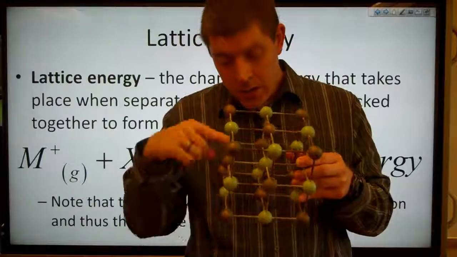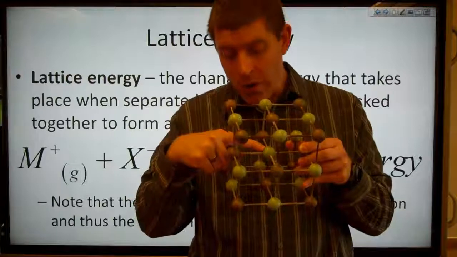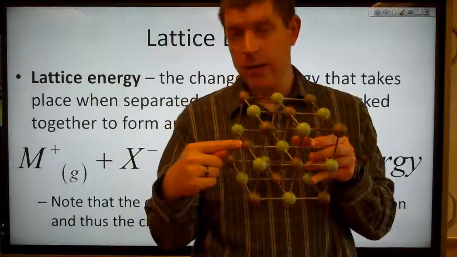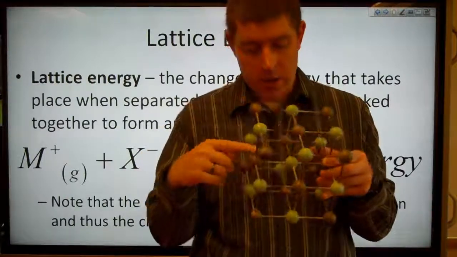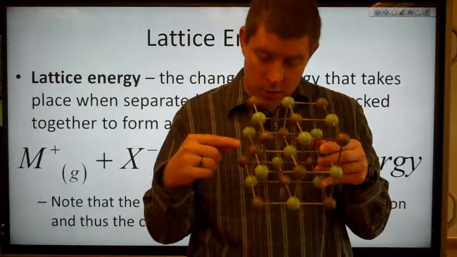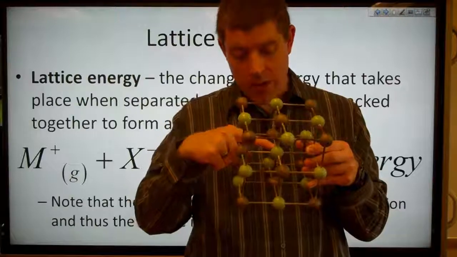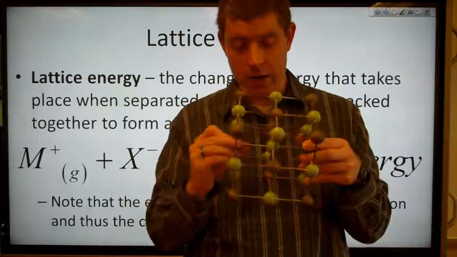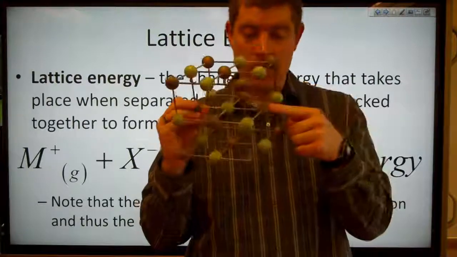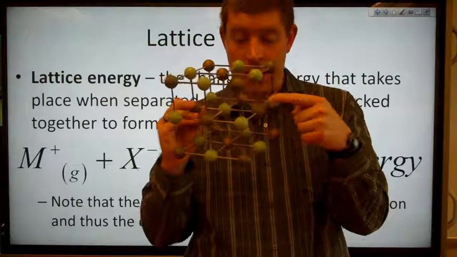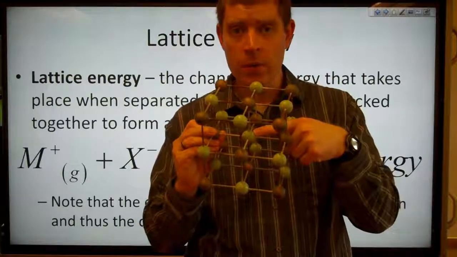But this sodium ion isn't only bound to that chloride ion, because there's nothing specifically important about this chloride ion. The sodium ion has a positive charge, the chloride ion has a negative charge. Well, if I put another chloride ion on this side, it's going to be attracted to the sodium ion too.